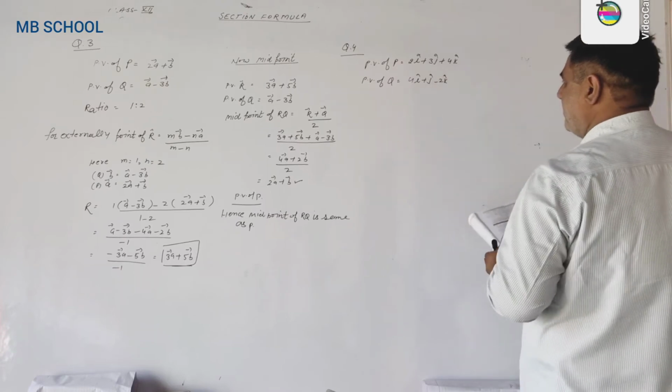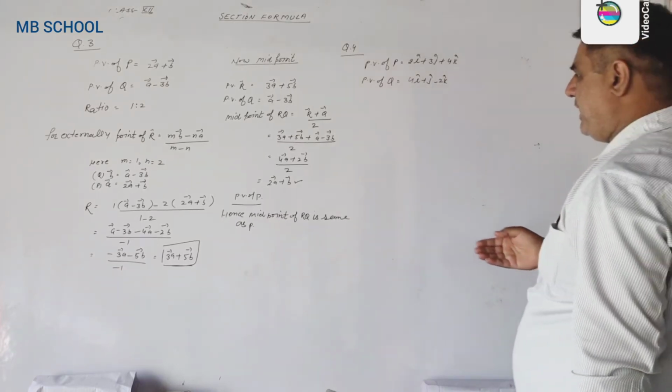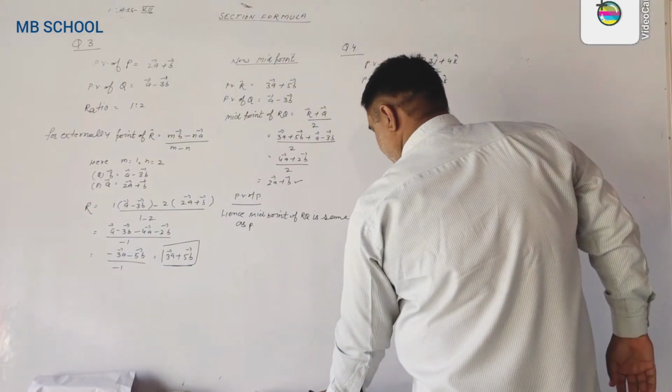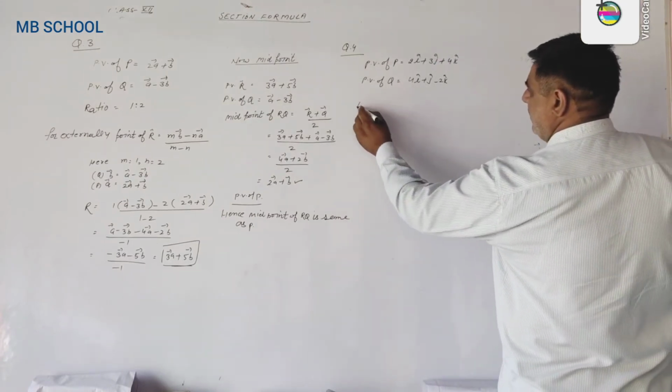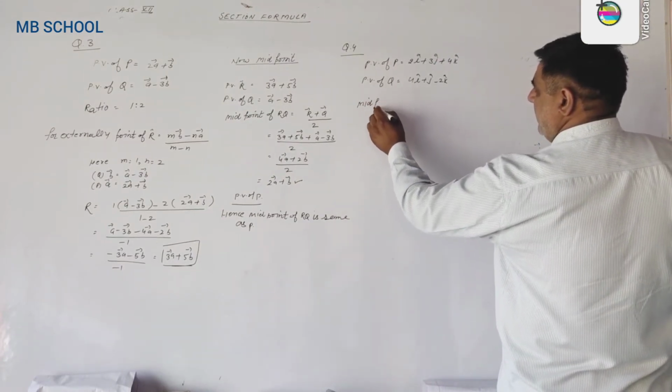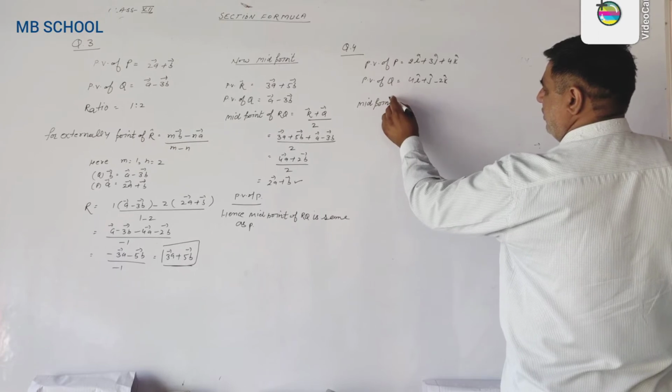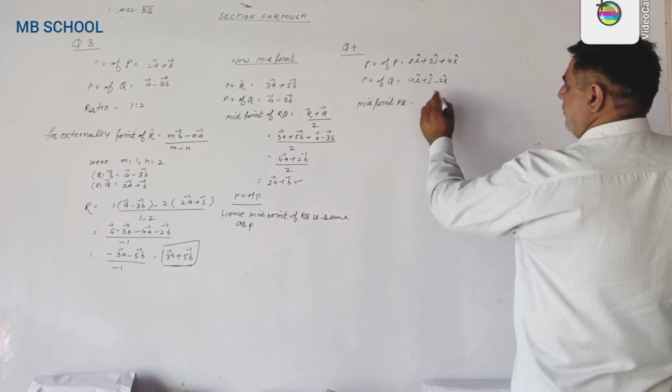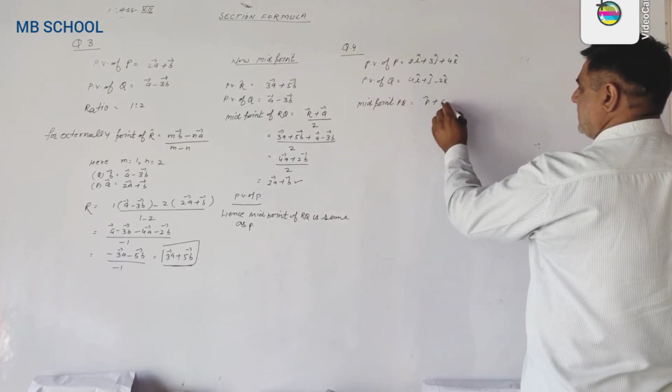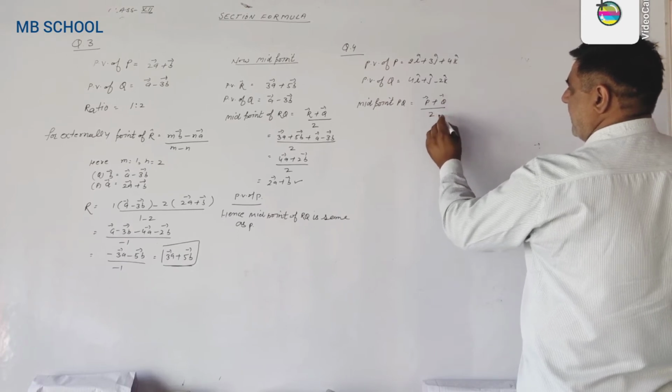We have to find the midpoint of PQ by this method. So the midpoint of PQ is vector P plus Q divided by 2.